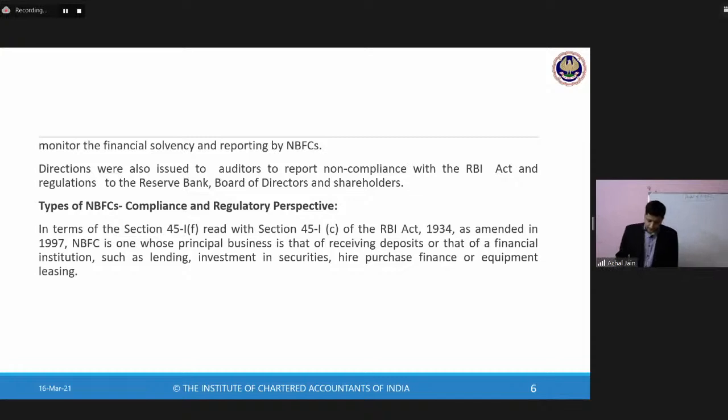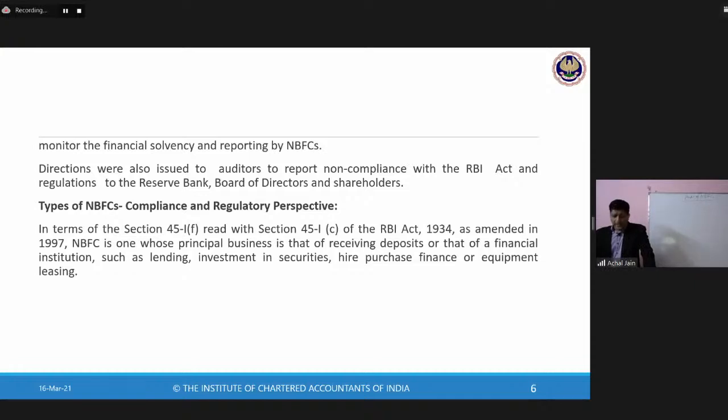Okay. So the next thing that we need to understand is about the regulation in relation to NBFCs. NBFCs, as we have understood, are required to be mandatorily registered with RBI, Reserve Bank of India, and they need to have some minimum net owned funds.